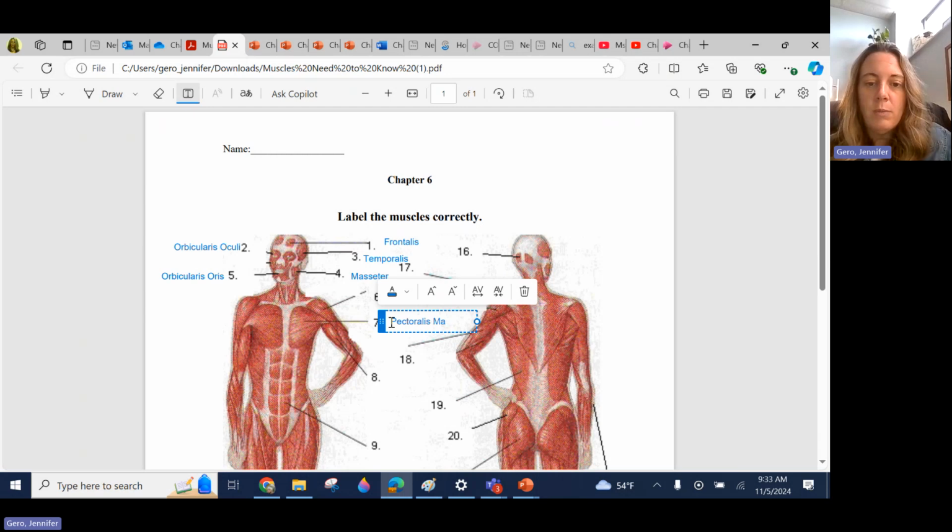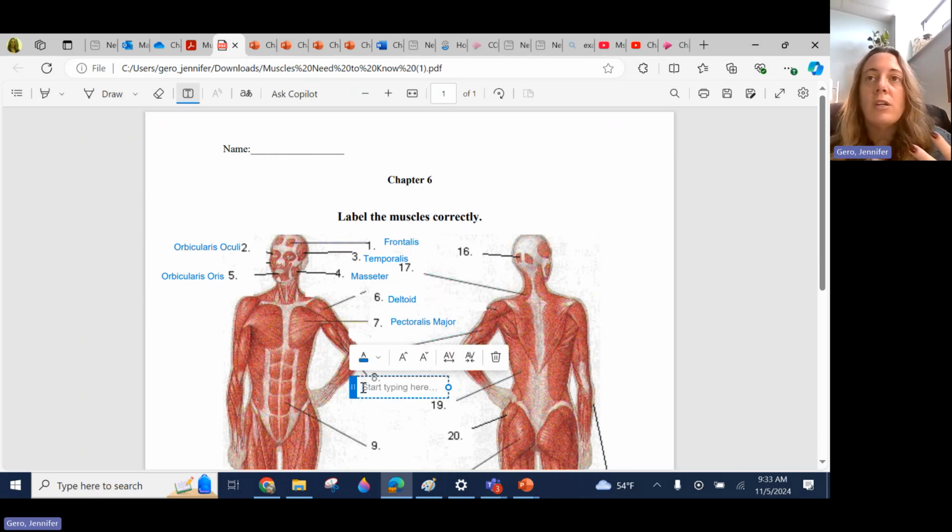As I mentioned, it doesn't matter how large or small your chest is, everybody has a pectoralis major, pectoralis minor. There are deeper muscles that are going to help us do this type of motion. The major is the large one and the major mover. So the only chest muscle I'm having you label there is pectoralis major.